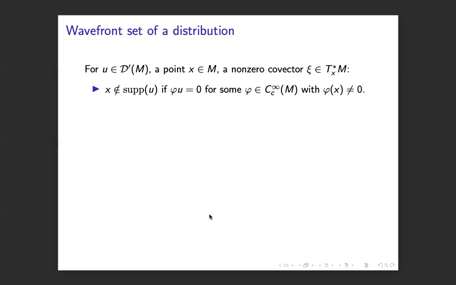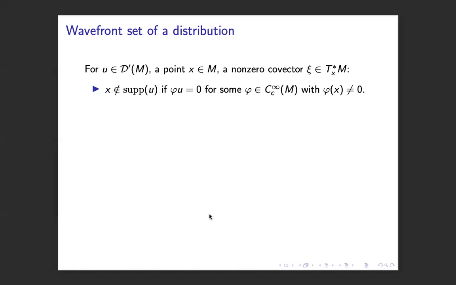The main concept of microlocal analysis is the wavefront set of a distribution. So we're looking at distributions on a spacetime. To build up to the wavefront set, we can first look at what it means for a point to be in the support of a distribution. Unlike smooth functions, distributions aren't really defined pointwise.